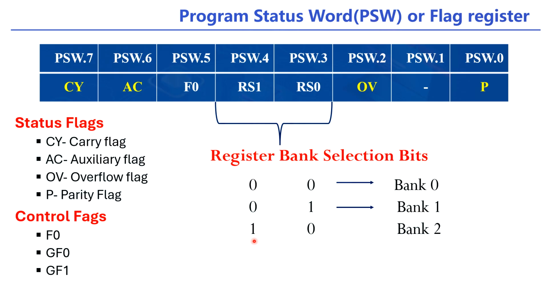These are the bits we can put in this flag register. Next, for bank 3, we can put 1 1. That means we want to use register bank 3. This is basically related to the RAM space.